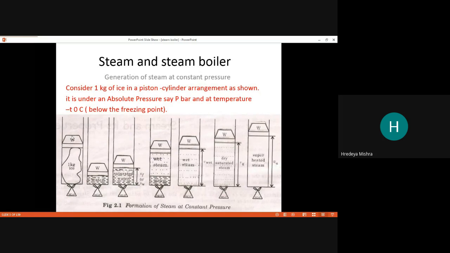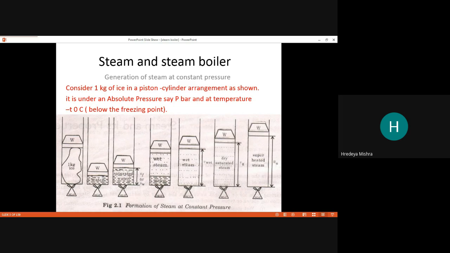This is 1 kg of ice, under an absolute pressure, say P bar, at temperature T, 0 degree below the freezing point. Here you can see there is heat, and the heat continues to be supplied.